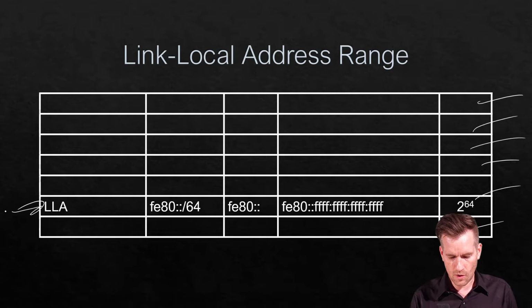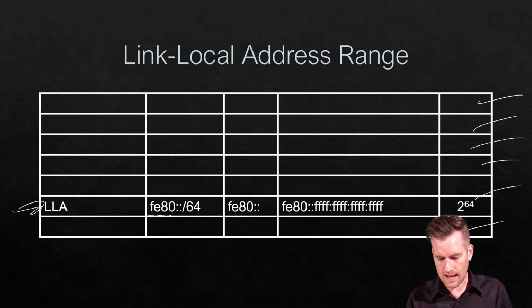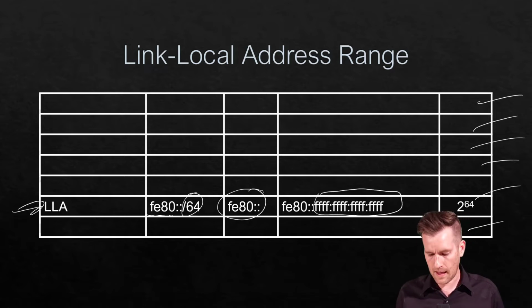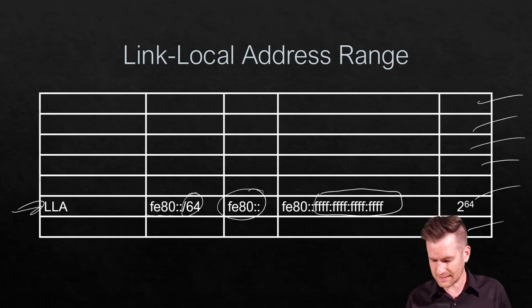But right now, I'm just showing you that the link local address is going to start with FE80::, and the first 64 bits are already specified, which means it gives you a range from FE80:: with all zeros at the end, to FE80:FFFF:FFFF:FFFF:FFFF. That's the last 64 bits all being ones. So we'll randomly choose a number in between that. So that is the link local address range.